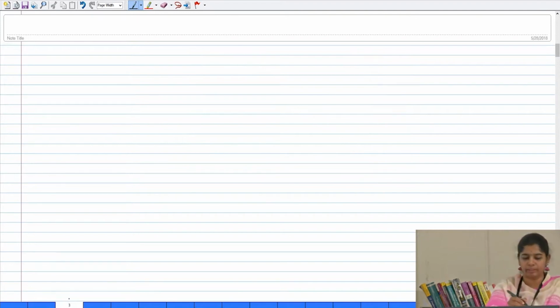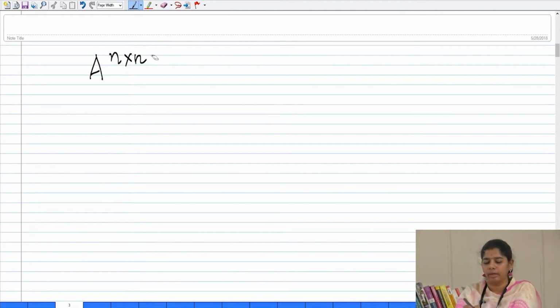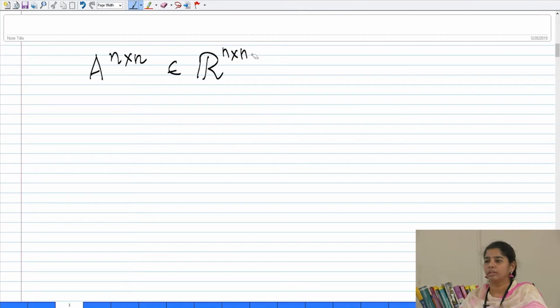Say given a matrix, let us talk about a square matrix, we will then go into a rectangular matrix also. So given a square matrix, n by n matrix, this will be a notation. Let us also say that it has all entries from the reals, n cross n, just for notation, to mean that it is an n by n matrix and every entry comes from the reals, right.